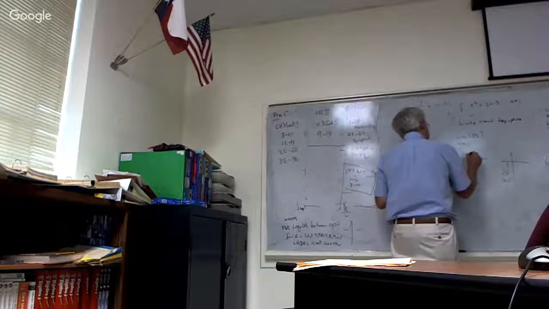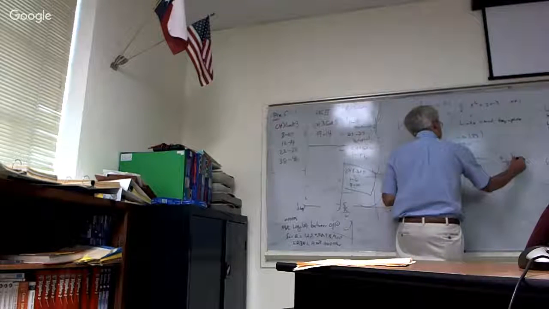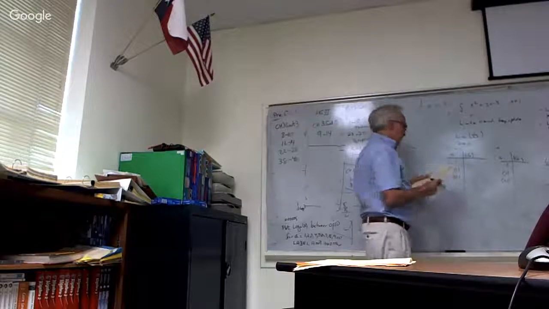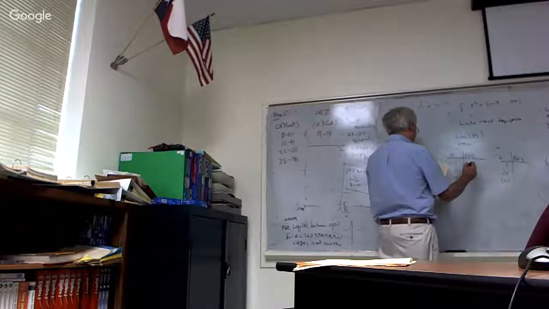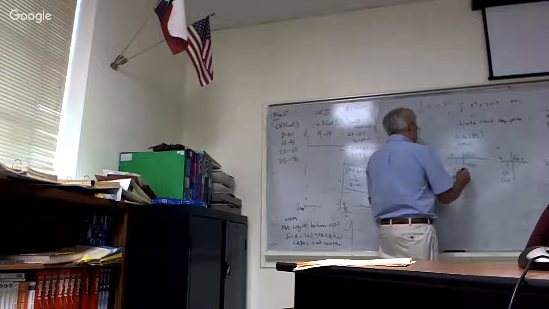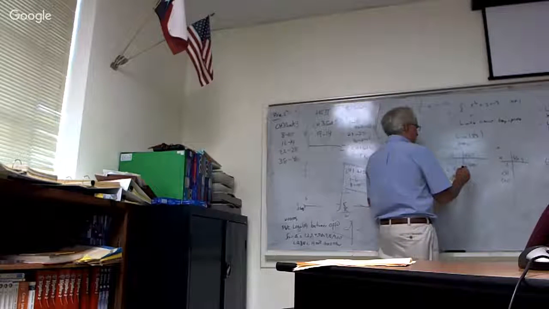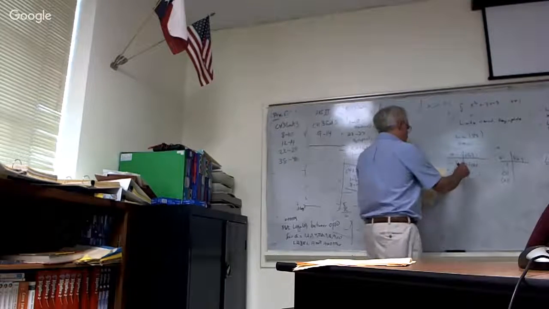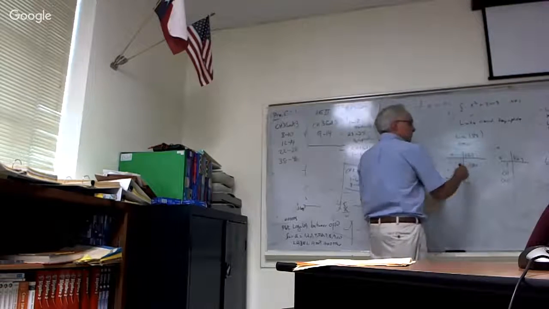X and f of x. What is this, Victor? 100. Negative 100? No, because it's squared. 10 squared is 100. You're right, Victor.